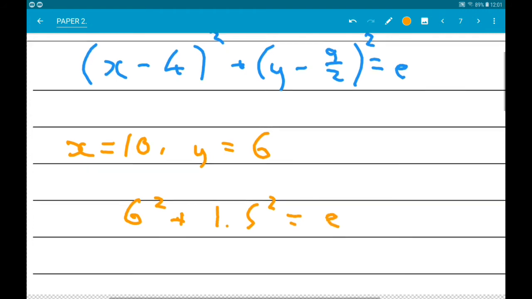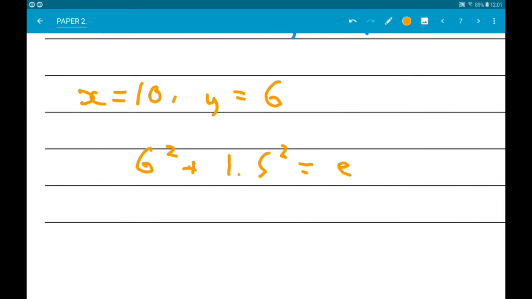So we get 36 add 2.25 is equal to E. So E is 38.25.